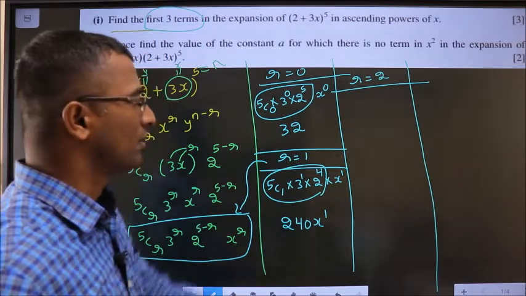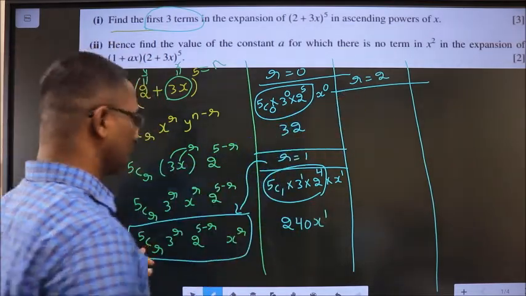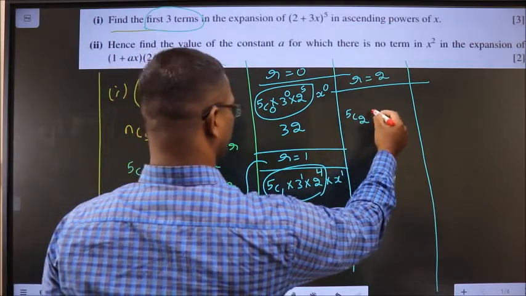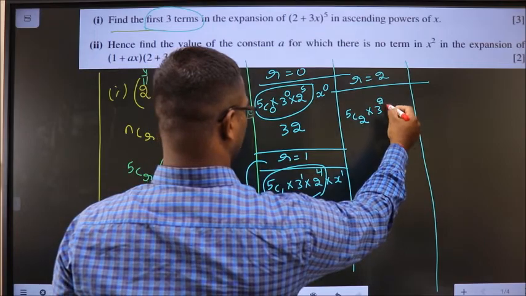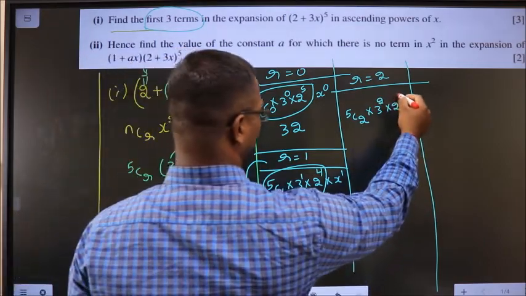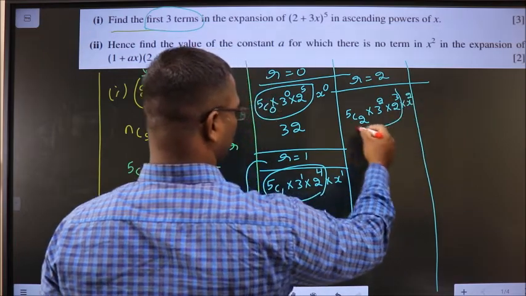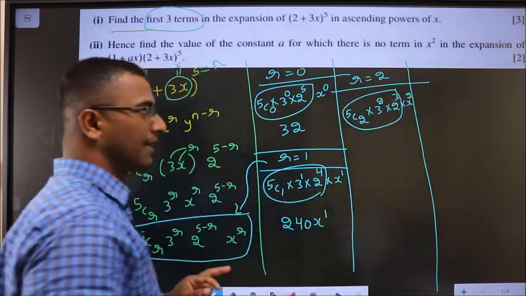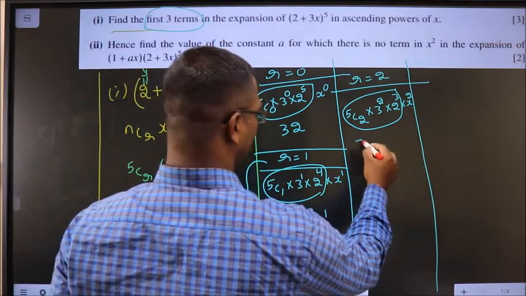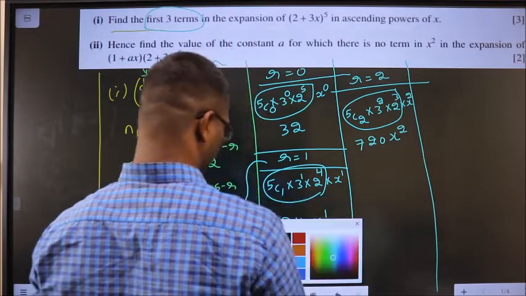Okay, now replace r equal to 2 in this. So that will be 5C2 into 3 power 2 into 2 power 5 minus 2 is 3 into x power 2. Put this entire thing at once in calculator. You get the answer to be 720. x square will remain.